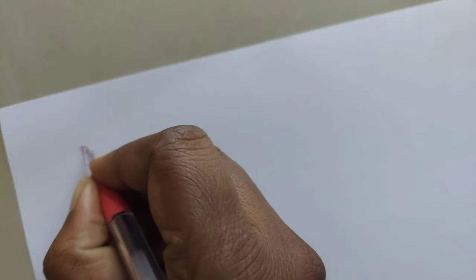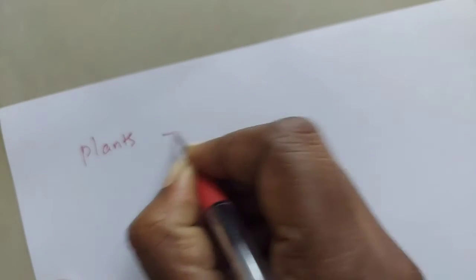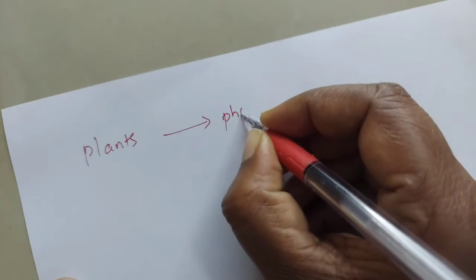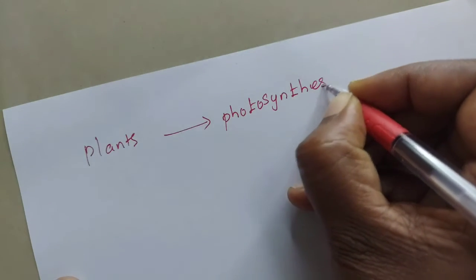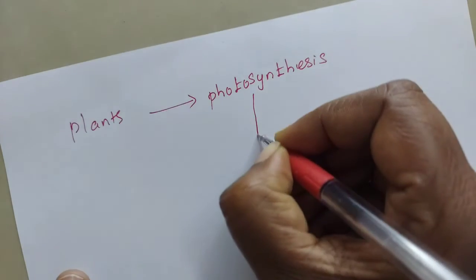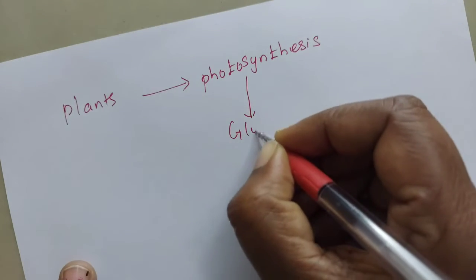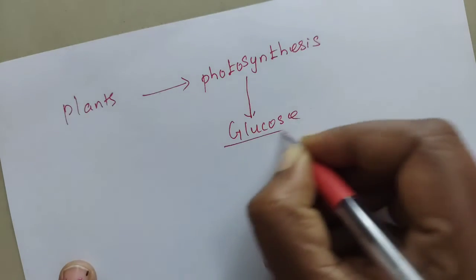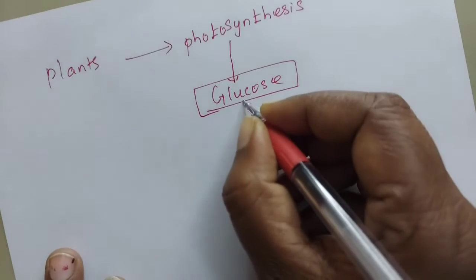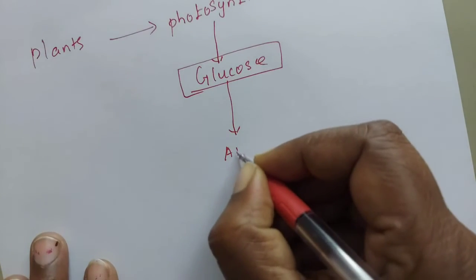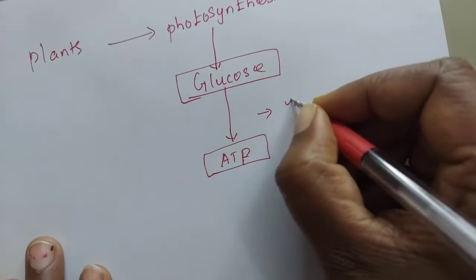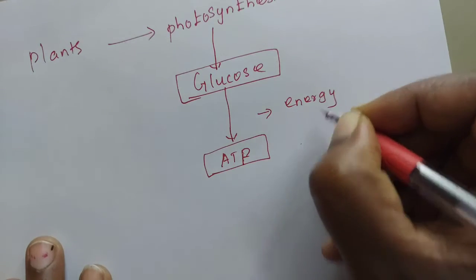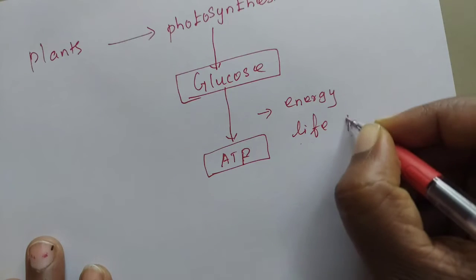and also animals. And we know that plants prepare their own food by means of a process known as photosynthesis. By using the raw material present in the atmosphere, they produce glucose. This glucose should get converted into energy form, that is nothing but the ATP, to produce energy for completing their life processes.